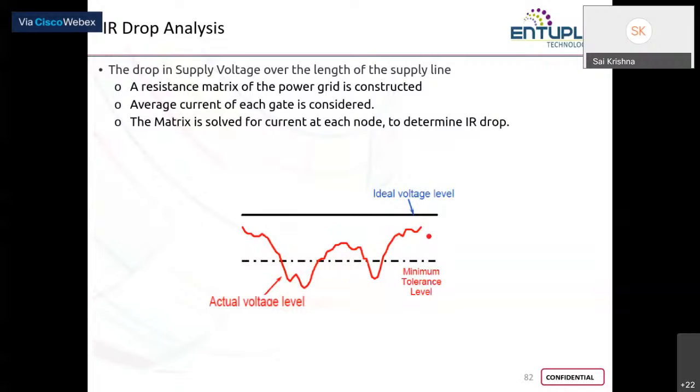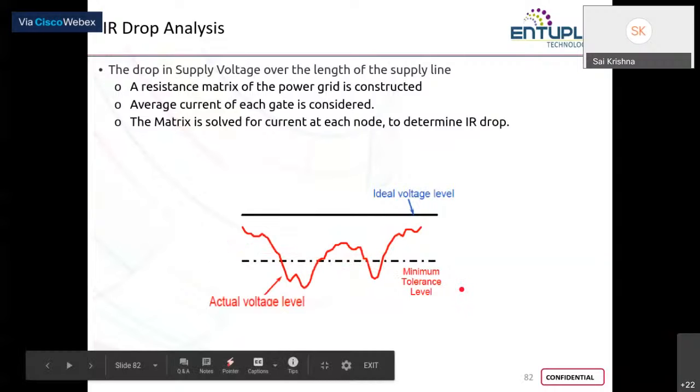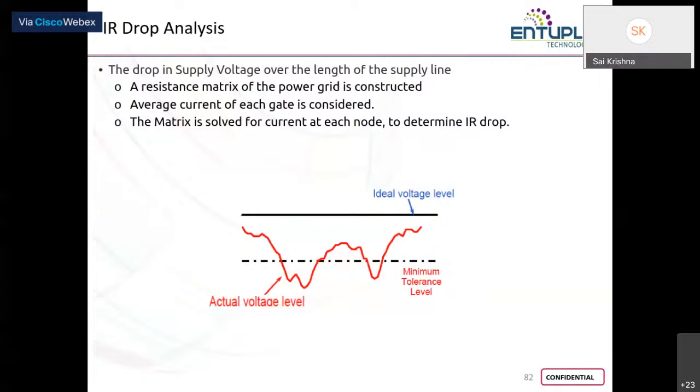Okay, now for example, if you consider time on your x-axis and voltage on your y-axis, the points I'm showing with the cursor, assume these to be point A and point B, point C and point D. With respect to time, between A to B and C to D, your voltage is dropping below the minimum tolerance level, which will make the corresponding standard cell stop working or malfunction.